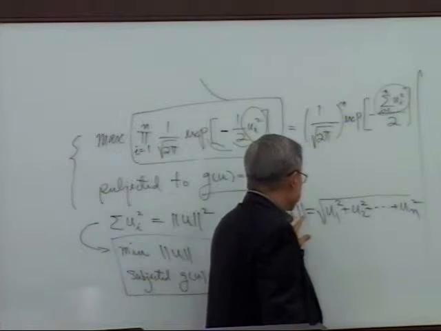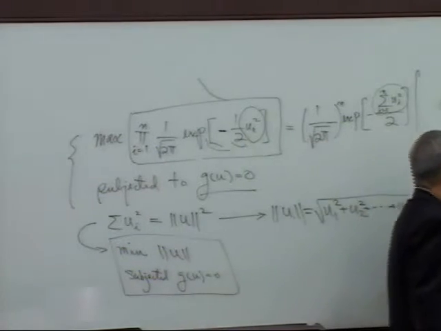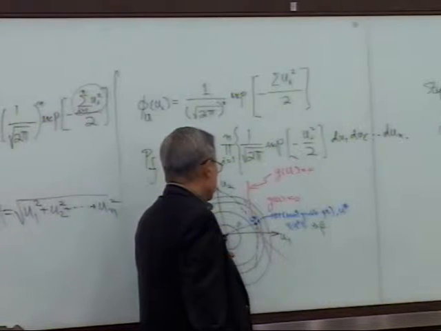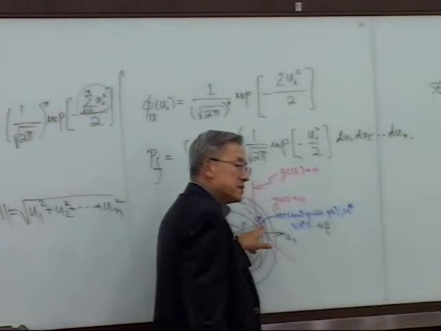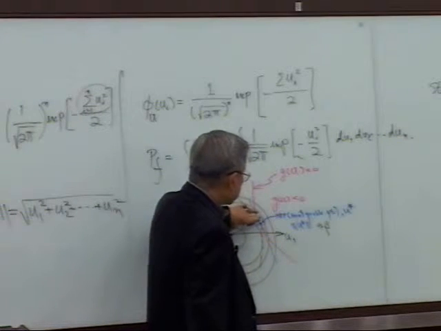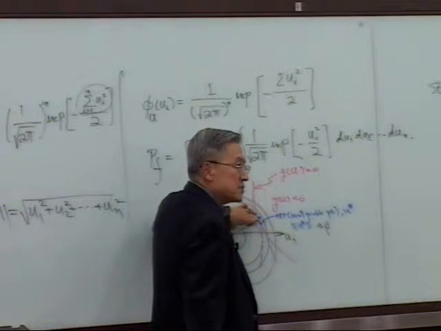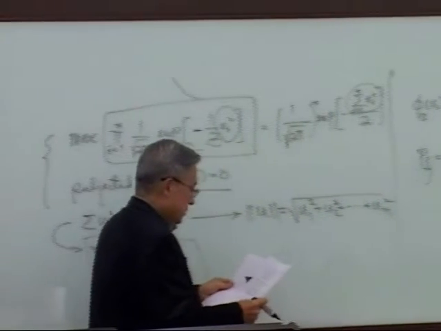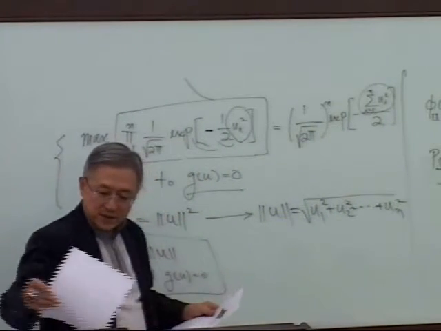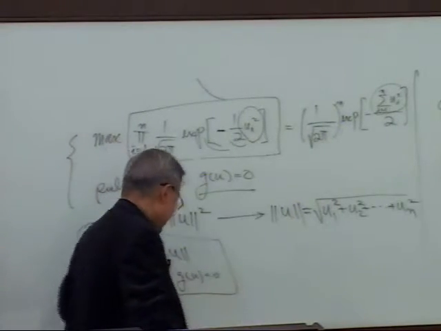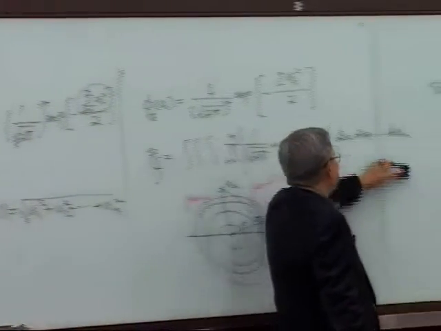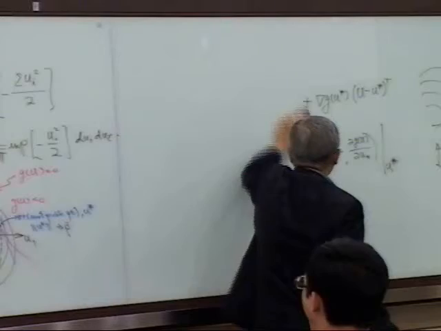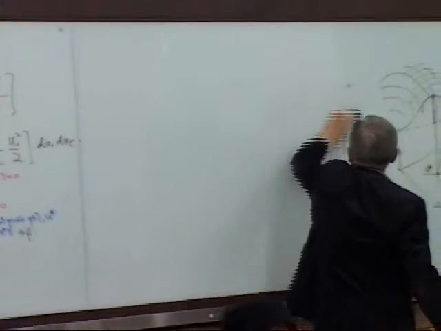So this u norm is identical to not only beta, it's simply the distance from the origin to the point whose distance is really minimum, which is equal to the beta. Beta is called the reliability index. So that portions we did somehow Friday, but now get the final equation set to solve.